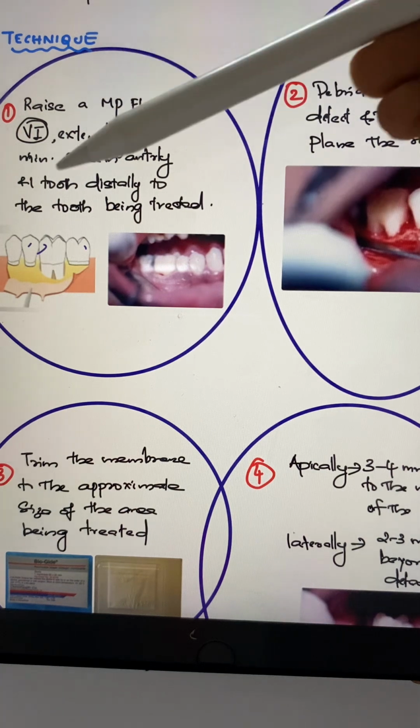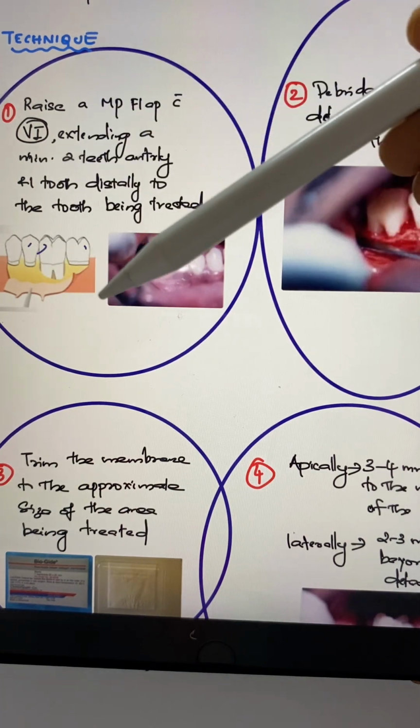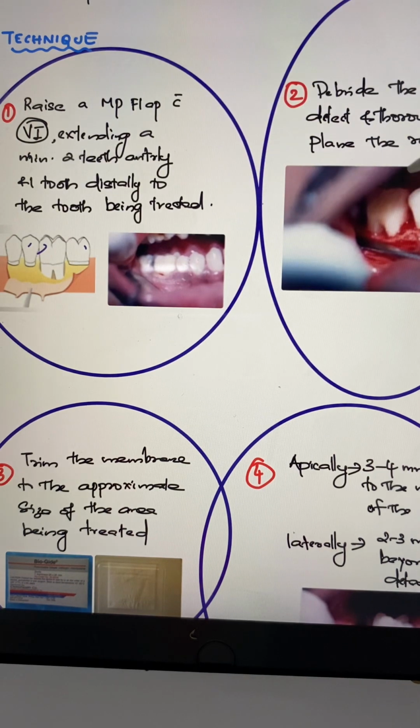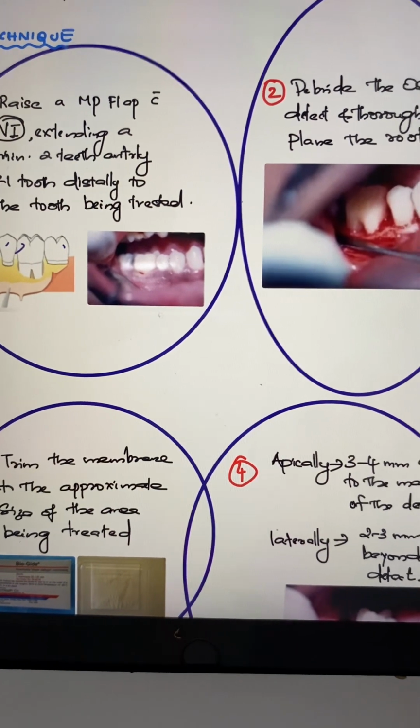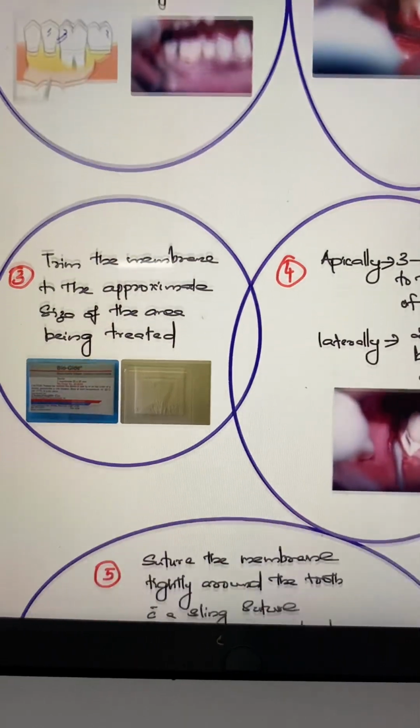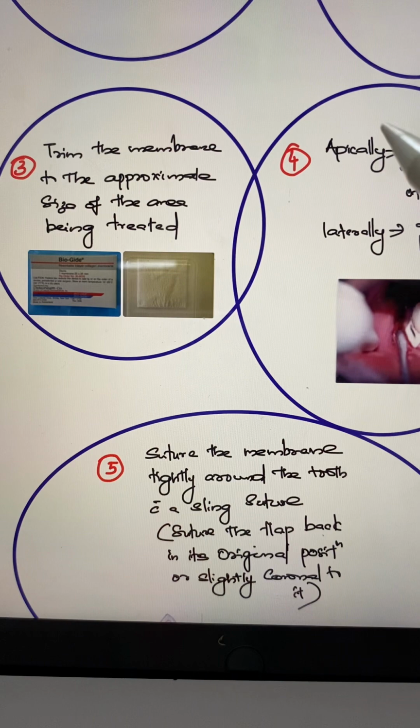By this method we raise the mucoperiosteal flap, and after raising the flap we can see the root, bone, everything. We need to do the debridement and thoroughly plane the roots. We have to do the root planing. After the debridement, the next step is to trim the membrane.